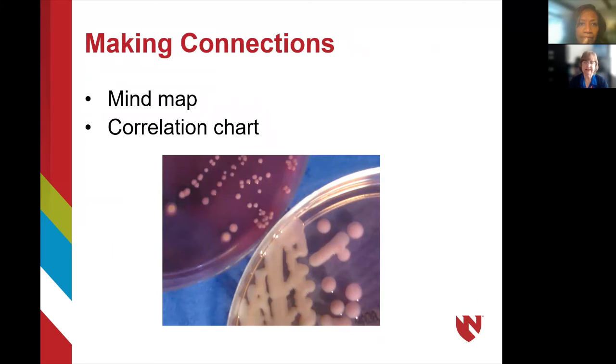Making connections, mind maps. So this is where you have a student maybe start with a concept and just go through and connect the dots with different factual information. I used to teach a microbiology course to PA students where it was really helping them make the connection between a potential pathogen and how they were going to diagnose it, what laboratory tests they would order, and then what the results of those diagnostic tests meant for the patient.